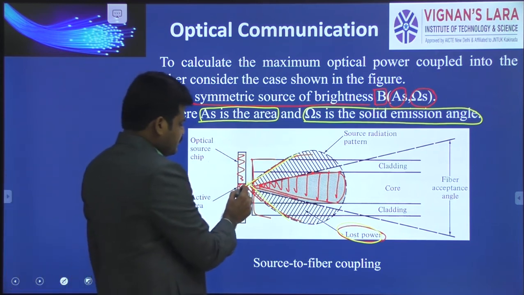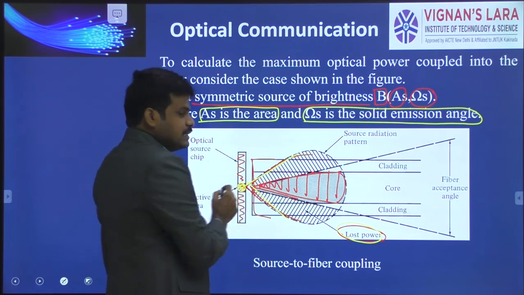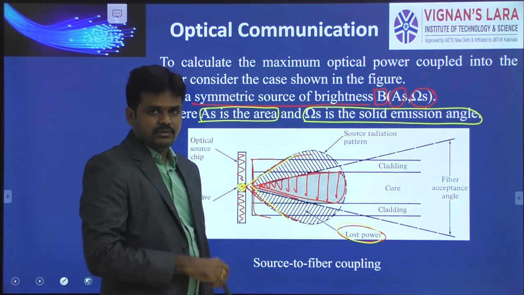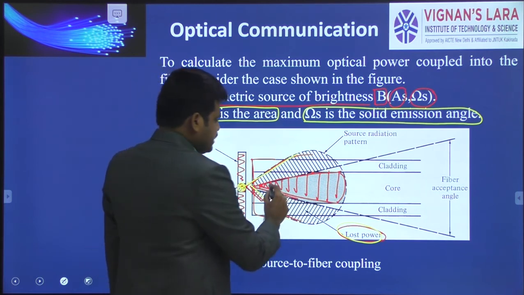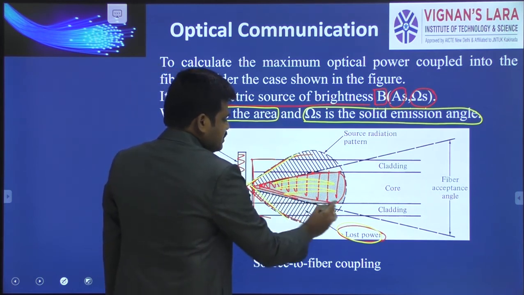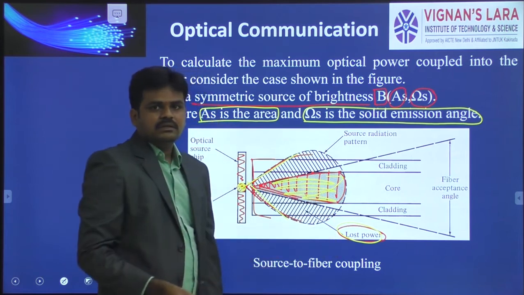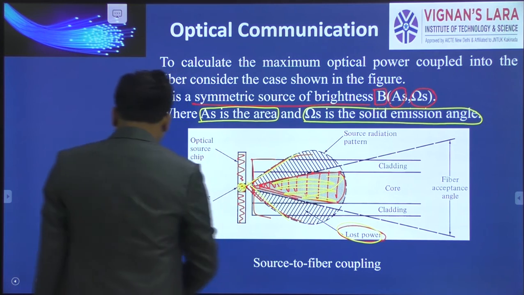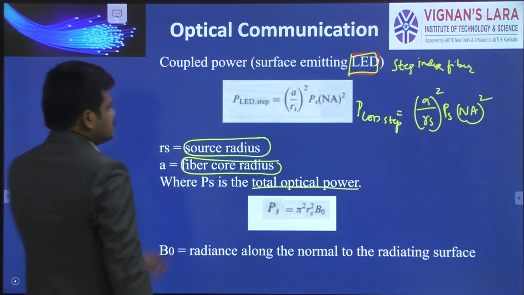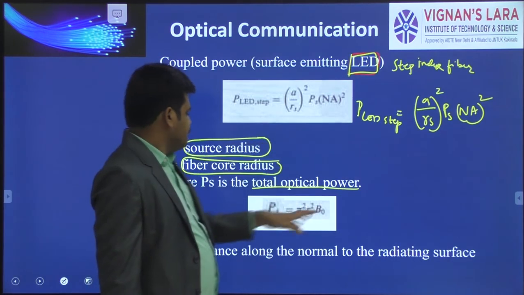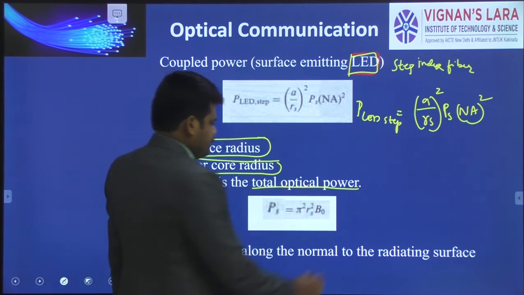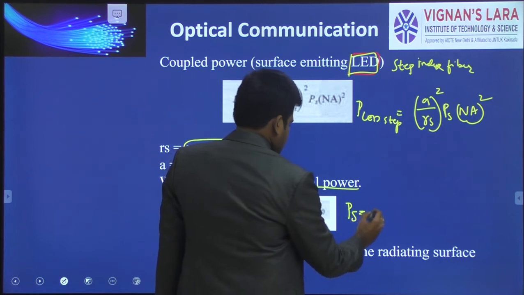So the amount of total power emitted by the LED or source has to be known, and the amount of power coupled into the core has to be calculated. Got it? So that is the reason here we are calculating the amount of total optical power, say PS.